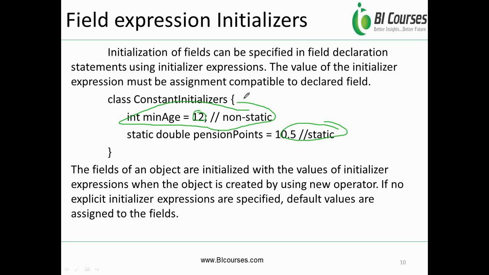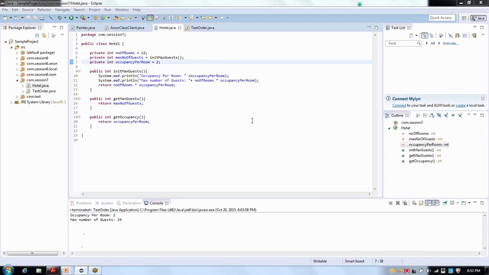Let me give an example on field expression initializers. Here we have created one class called Hotel. In this we have three fields: number of rooms, maximum number of guests, occupancy per room.